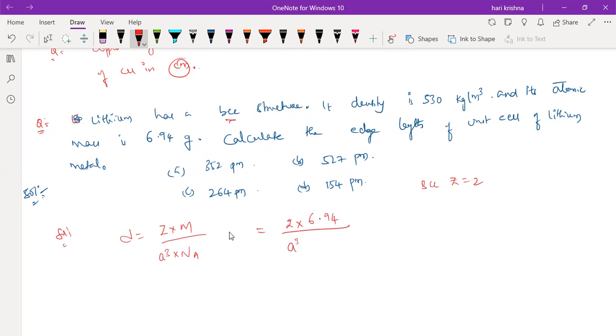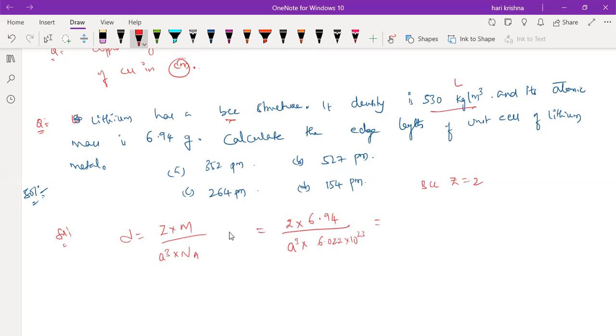So a cube into Avogadro's constant. What is Avogadro's constant? 6.022 into 10 power 23. This is entirely equal to 530 kg per meter cube.